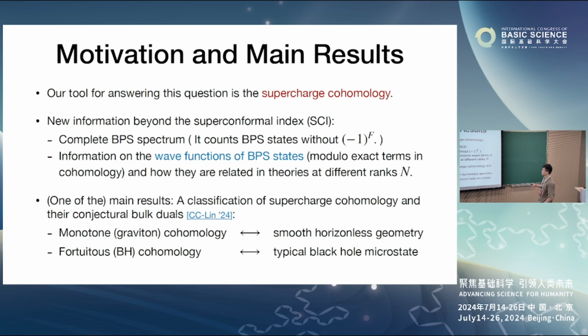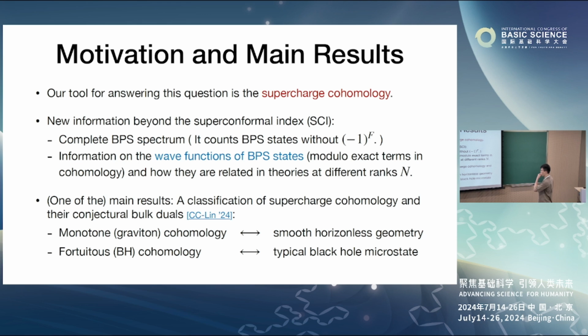So those states are actually not that important when you study black holes, because there are relatively few of them. So the first new piece of information is actually not very important. The important thing is the second one, that we know some partial information about the wave function of these BPS states. Right, because for an index, you've already seen the square root. That might be important, but we haven't studied that.